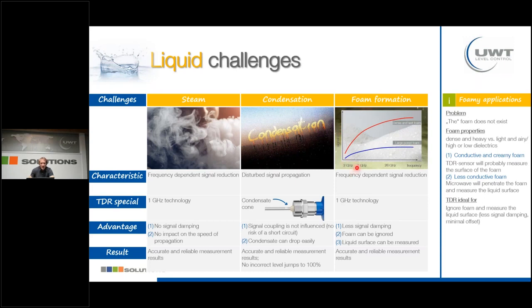So the lower the frequency, the less the signal is damped. For applications where the foam should be ignored, TDR sensors are the perfect solution. If you want to ignore the foam and only have the real surface of the medium, TDR sensors are the best solution for those types of applications.